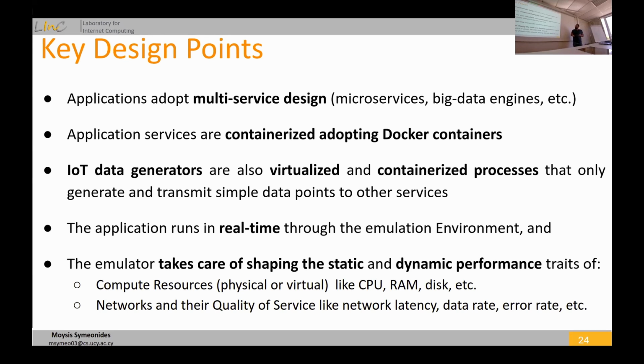Then the application services should be containerized and especially Dockerized. We adopted Docker because it's the most well-known and most popular framework for containerization.